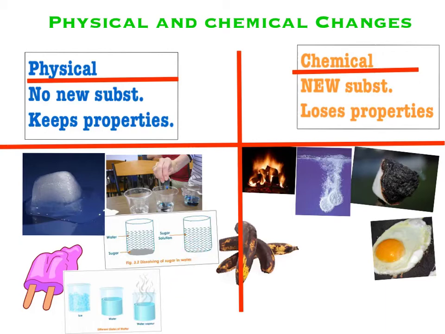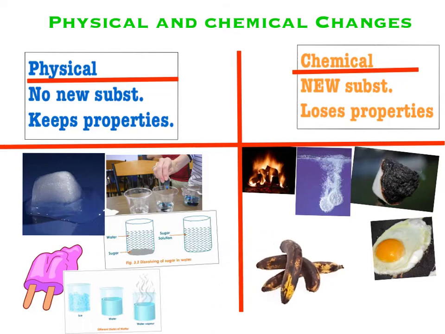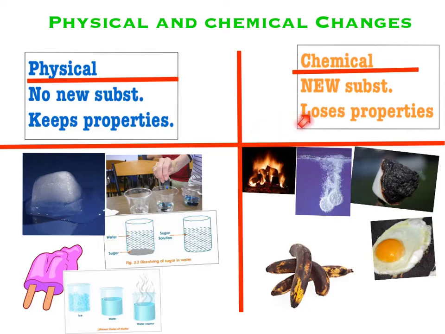This would stay as a physical change because it is still water, it has sugar added to it, and I could evaporate the water out and leave the sugar behind. It did not lose any of its properties, and there was no new substance created. Lastly, I have bananas rotting. These bananas are decaying, therefore they're losing their properties. That would be a chemical change.